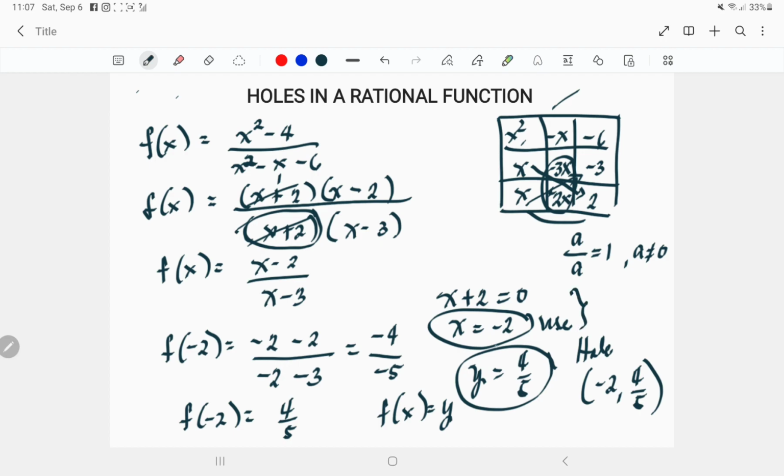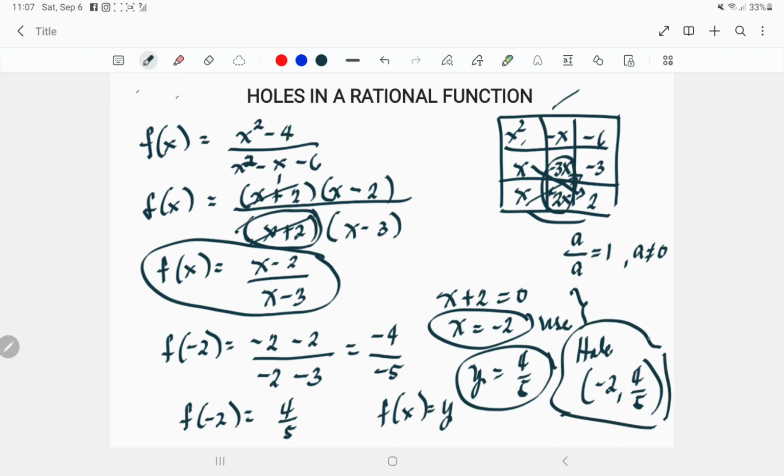Whatever value you get is the x-coordinate of the hole. You use that x value, plug it into the simplified rational function, and you will be able to solve for the value of y. That would be the y-coordinate. So that we now have the hole at the point negative 2, 4 fifths. I hope you understood that.